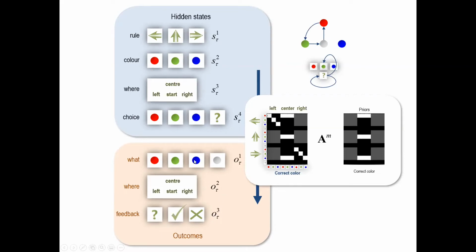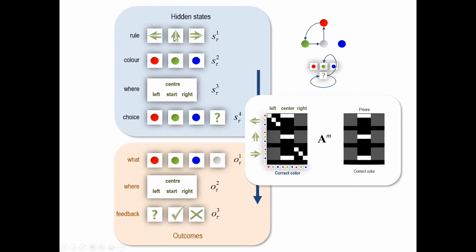But in order to generate these stimuli under this structured, rule-based world, I have to now write down all the hidden factors and states that could possibly generate in a lawful way these kinds of outcomes. So what do I need to know? Well, I need to know what the rule is.